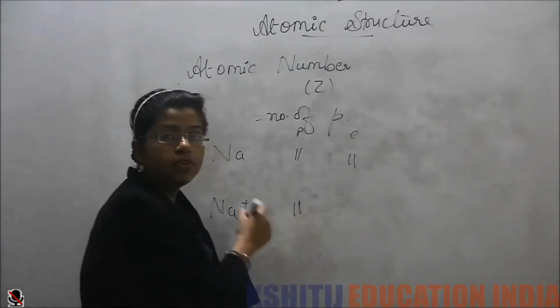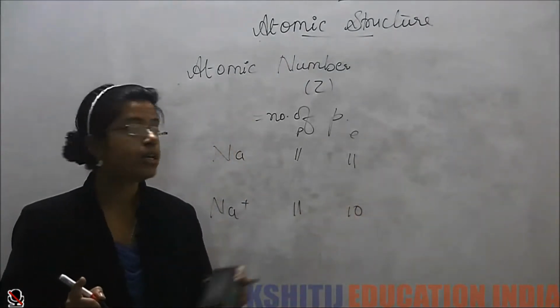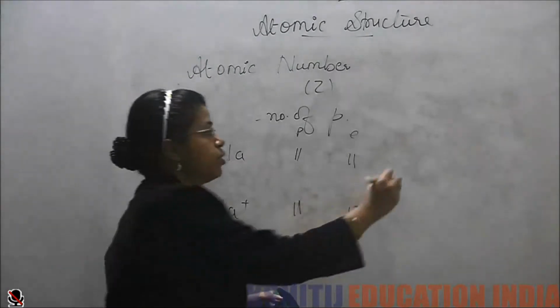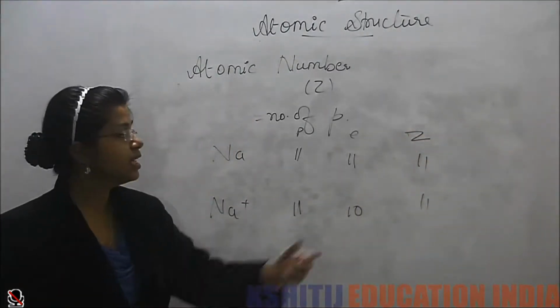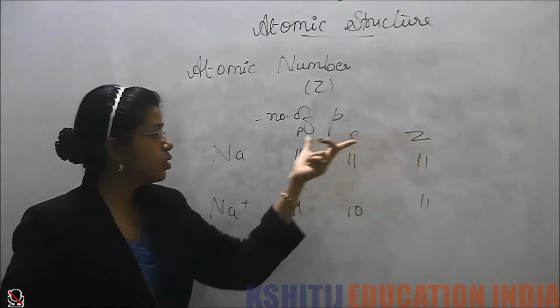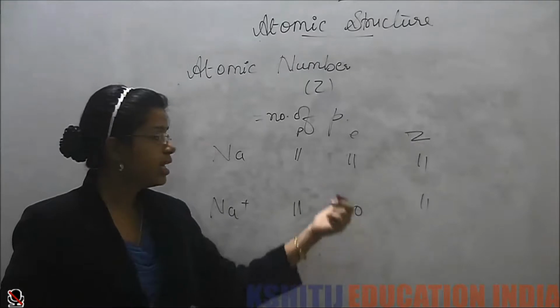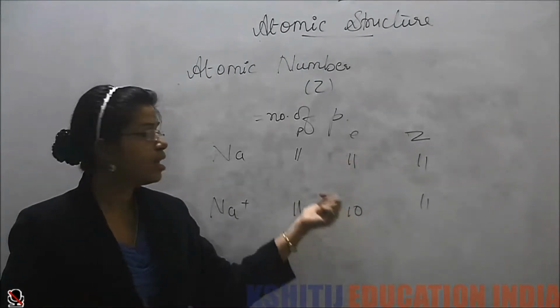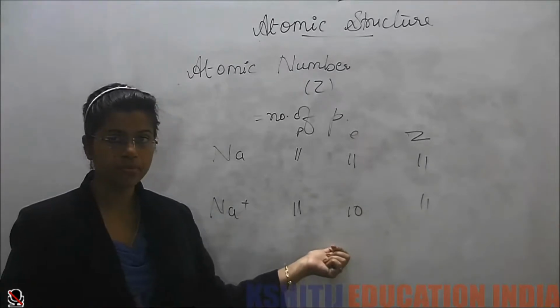So number of electrons here would be 10. But atomic number in both the cases is 11 only. So you can see atomic number depends only on number of protons, not on number of electrons. That is different in both the cases, but protons and the atomic number remain same.